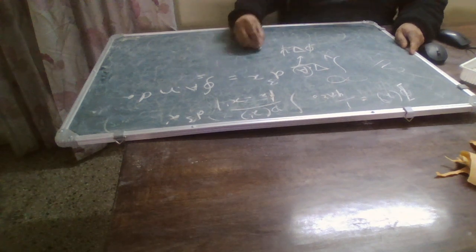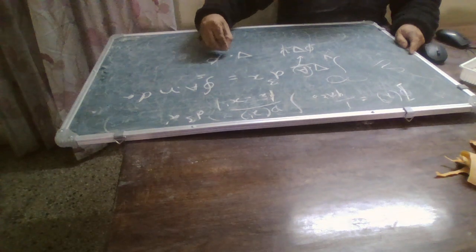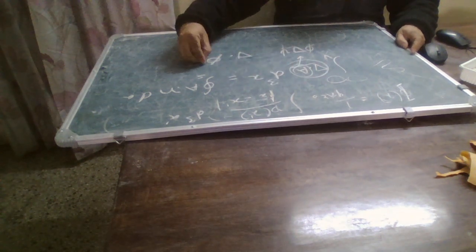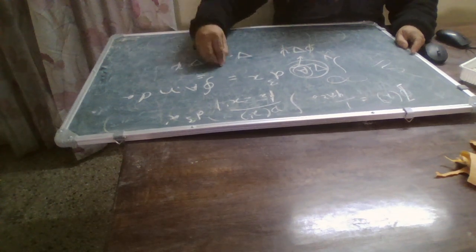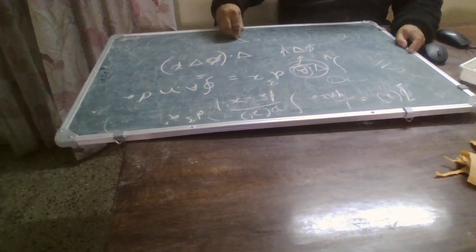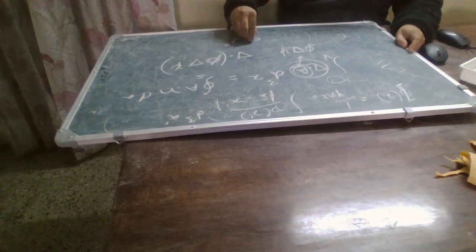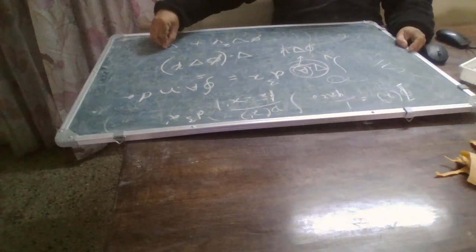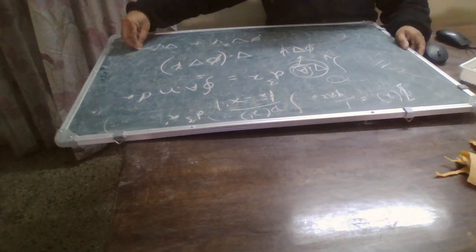Now the divergence would be the divergence of phi gradient xi, and this is going to be equal to phi nabla squared xi plus the gradient of phi dot the gradient of xi, the divergence of these two fields.